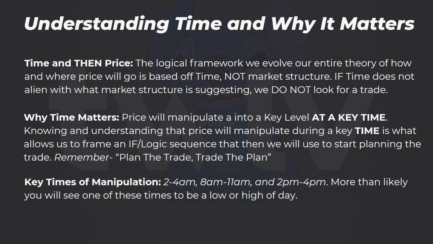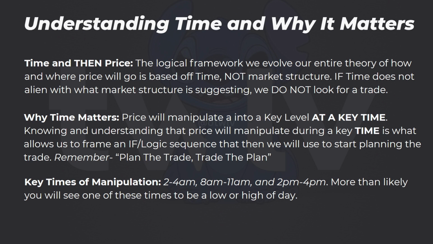The times of manipulation: 2 to 4 a.m., 8 to 11 a.m., 2 to 4 p.m. More than likely you'll see one of these being the low or high of day. The 2 to 4 a.m. is the London session. You'll most likely see 2 or 3 a.m. be the manipulation for London.